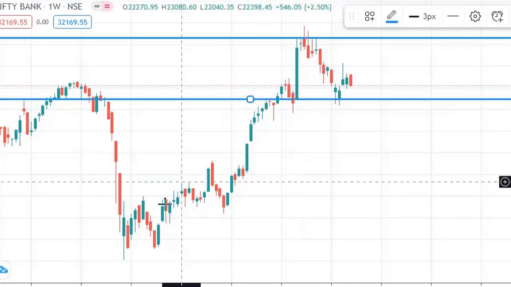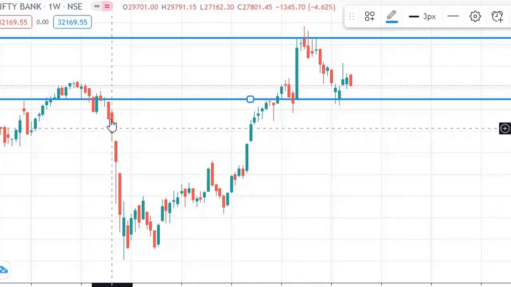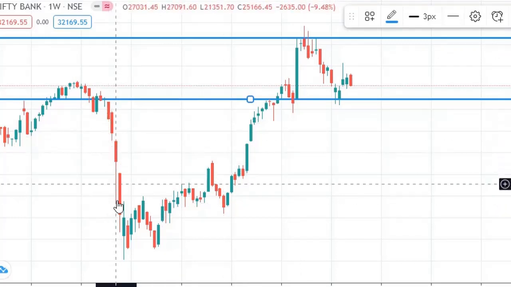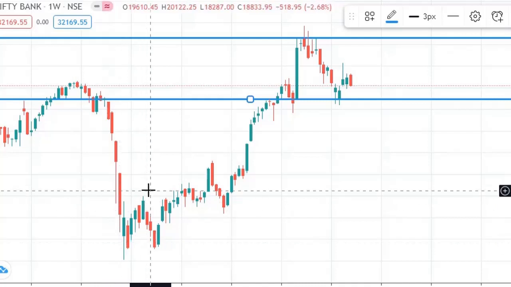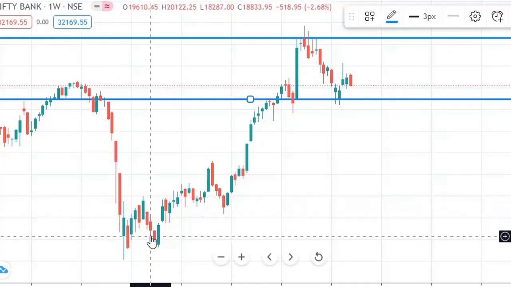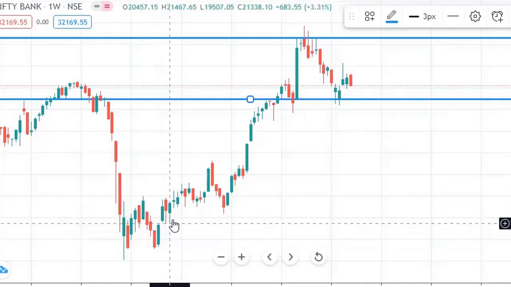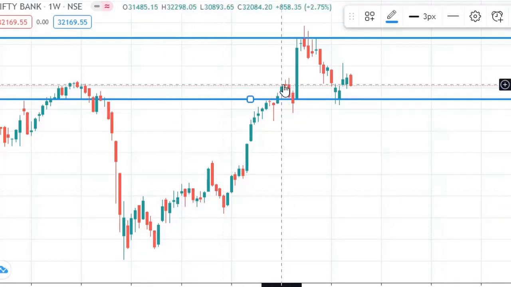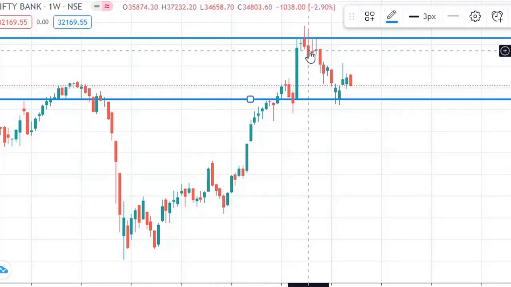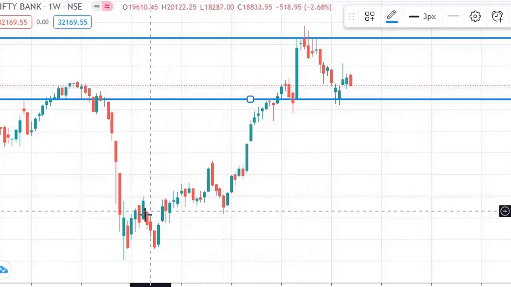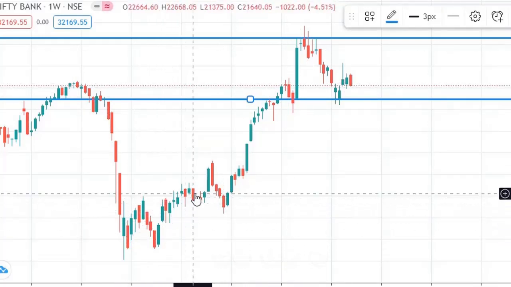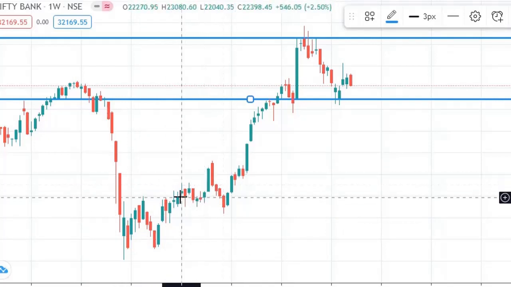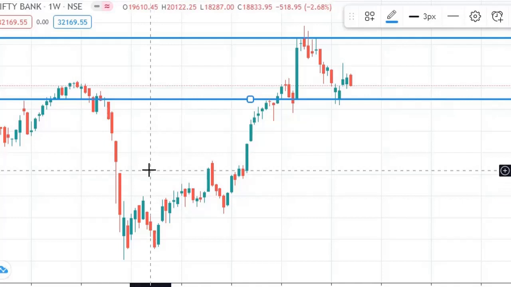So in this way, you can see in the pandemic period, this was the wave. Then we came up, then we again went down without breaking the low, then we went up, then again came to this point, and in this way you can see a clear wave with the noise that was there reduced, and you can see a clear direction.